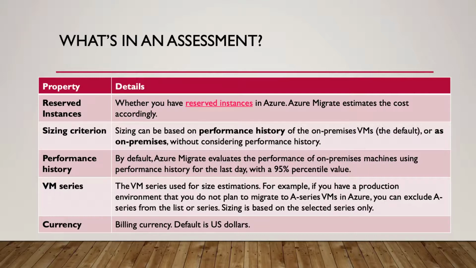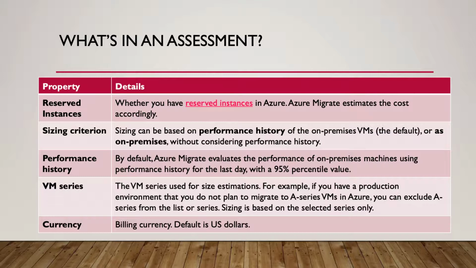Or you can simply choose the other option, which is as on-premises, which does not consider the performance history and does not do the optimization for you. So the sizing criterion comes into play to give you better performance when you migrate to Azure if you use the performance history.